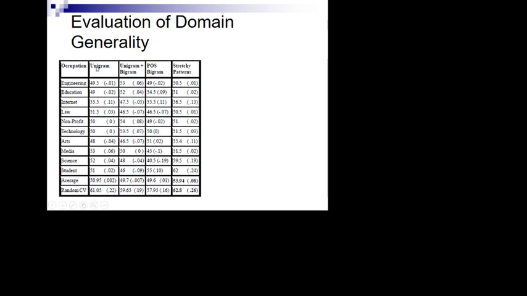You can see that we had a unigram feature space as one of the feature spaces we evaluated, unigrams and bigrams, part of speech bigrams, and then stretchy patterns.